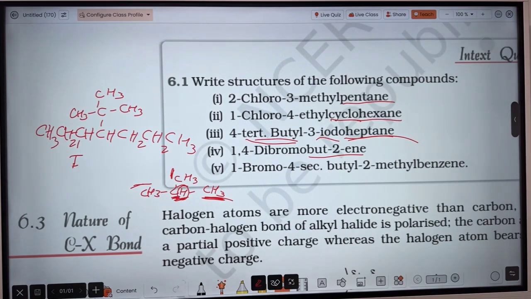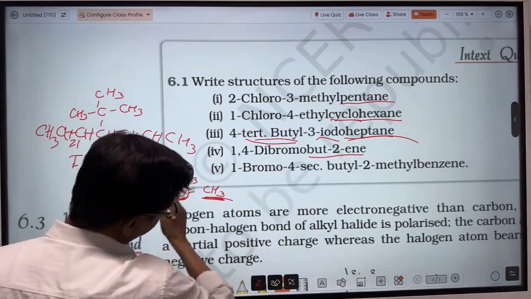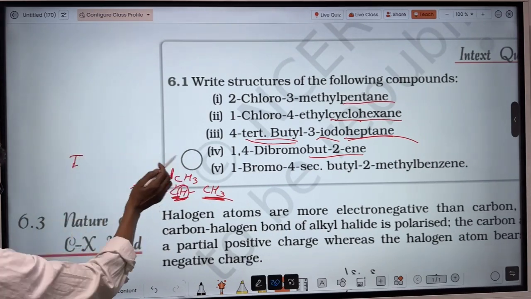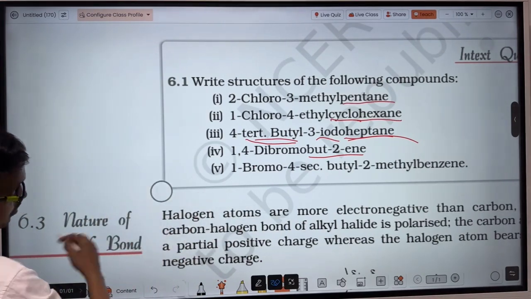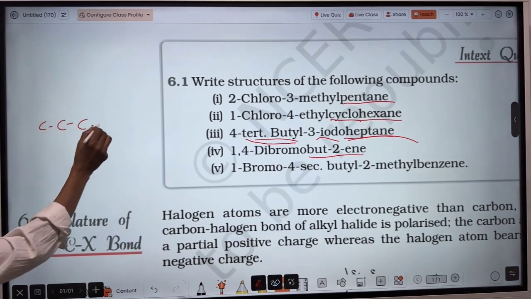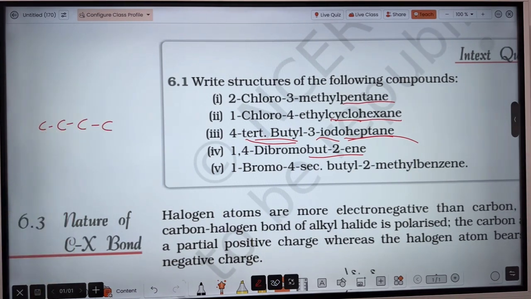So firstly we will have to draw but-2-ene, and then we will have to attach the substituent. This one, second position double bond, but-2-ene. Okay. Then after this 1,4-dibromo.